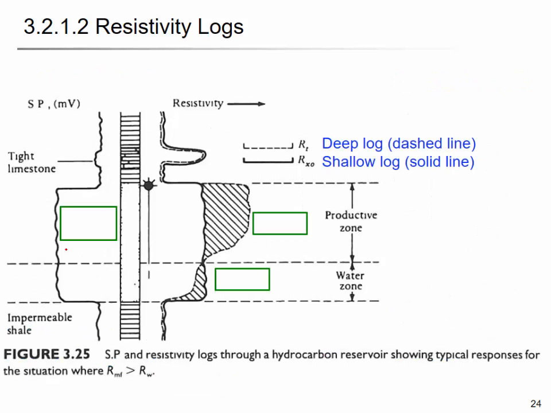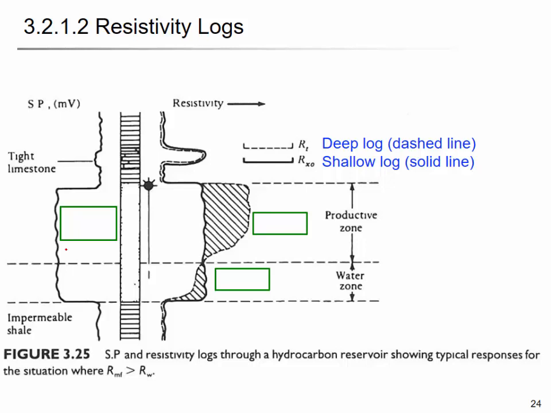So then, if we combine the SP and the resistivity together, what can we know from this information? From the SP, here was the tight shale, the tight limestone, tight formation, and you have a negative response, which is normal SP response.